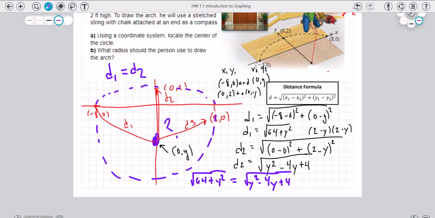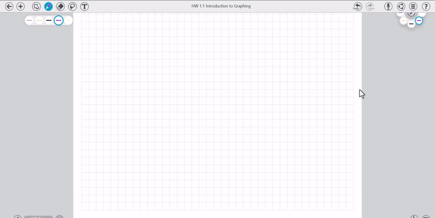All right, y'all already know this ain't gonna fit, so let me go to another page. So once again, I set distance 1, which is the radius from (-8, 0) to the center. That's the radius, right? And then distance 2, which was that (0, 2) point. So this was the square root of 64 plus y squared.